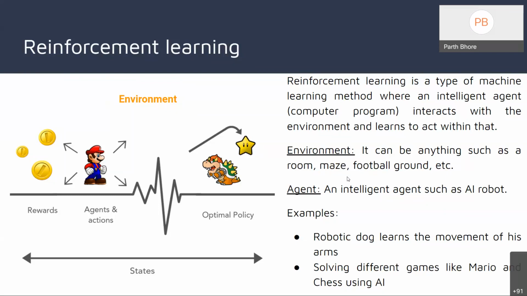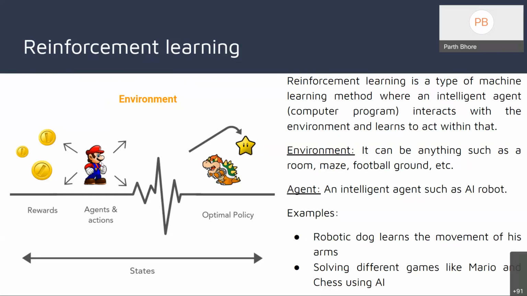There will be interaction between the agent and the environment. What does the interaction mean? The agent will try to learn about its surroundings, its environment, and take decisions to maximize the reward. So what is reward? For example, if we want to solve a game using AI, the reward will be to win the game or to win that level.